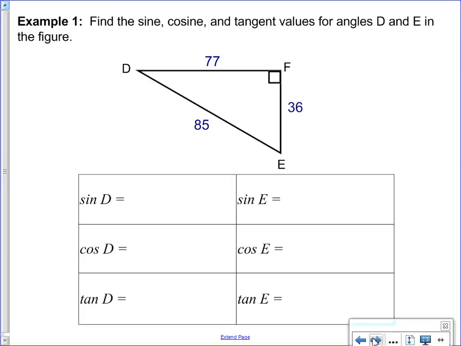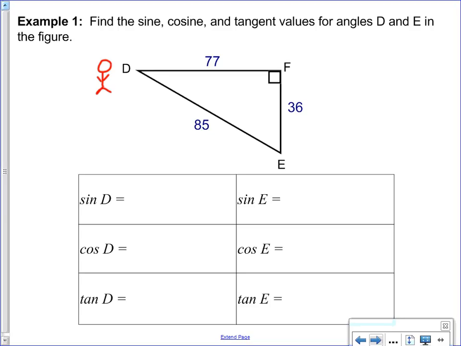Take a look at this triangle here. Remember to adjust your point of view as necessary. So, Jalish is standing at D. To find the sine of where Jalish is standing, sine is the SOH part, so opposite over hypotenuse.